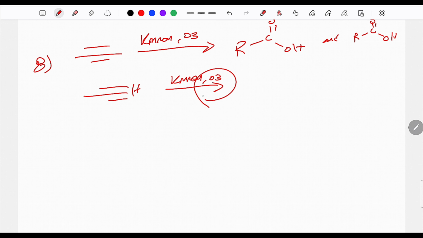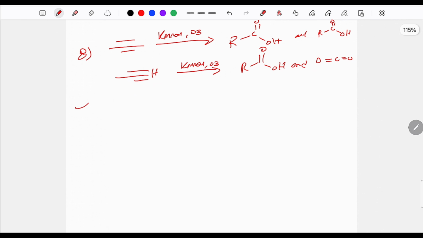But ozonolysis does the same thing in these as well. So R, carboxylic acid, and CO2. Okay. So that's what I wanted to show you there.